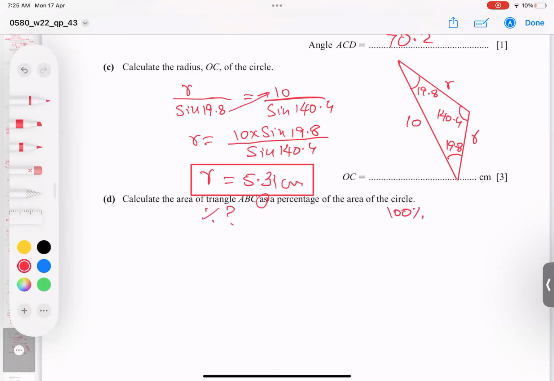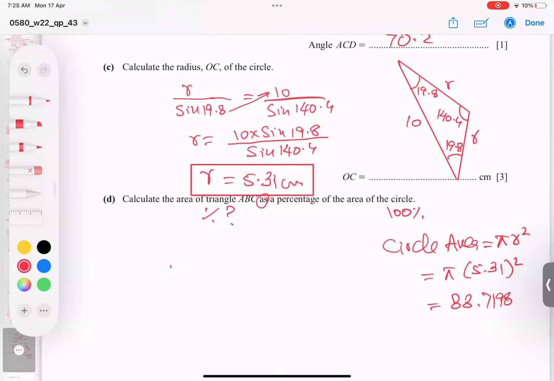It means pi r squared, the circle. So first of all, I need the circle area. What's the circle area, students? Pi r squared, and the radius is 5.31 squared. Multiplying by pi, the answer is coming 88.7198.